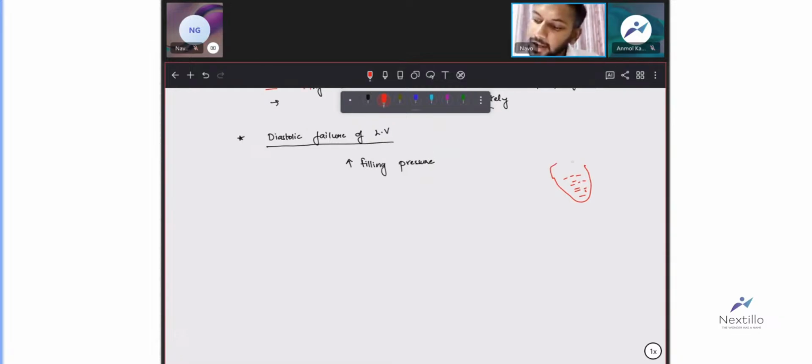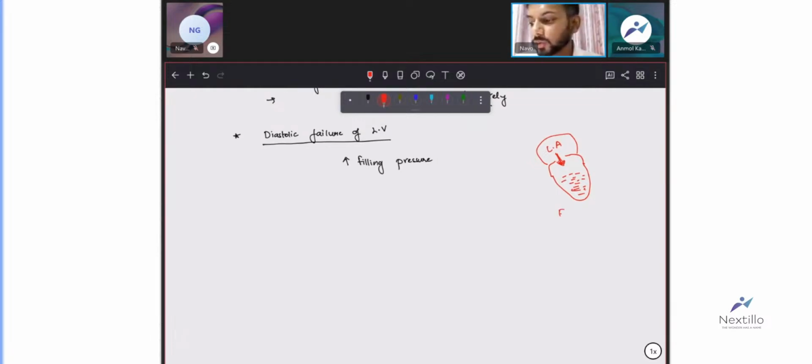Now, the blood has to come into the LV from the LA during diastole. If some amount of blood is already present, it becomes difficult for the new blood to come in the next cycle. So it is becoming difficult for this to fill. So the pressure that is required to fill this ventricle is increasing. That is what is known as filling pressure.